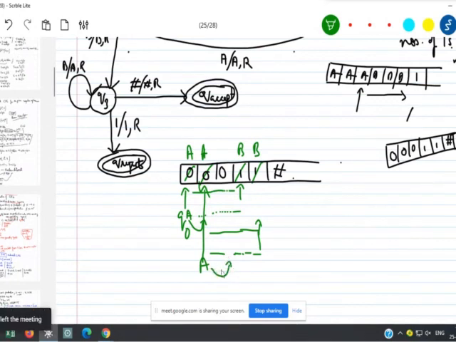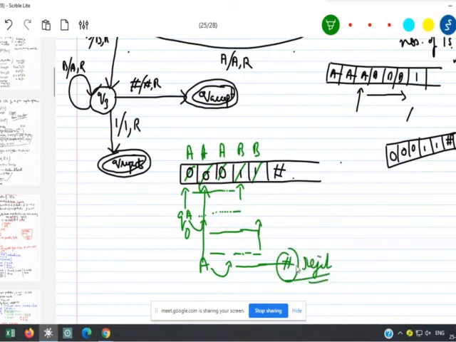After reaching A, if you move towards the right side and find 0, then replace by A. Scan till you find 1. But instead of finding 1, if you find hash, reject it. This is another rejection case, we need to insert it.